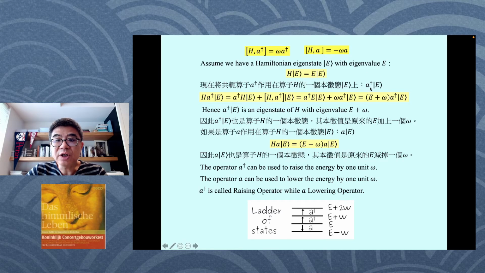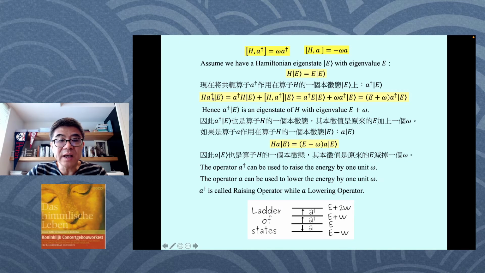And then I check if it is an eigenstate of the Hamiltonian. To do that, I just act H on A dagger E. I would like to push this A dagger past H so that H will act on E directly, because E is the eigenstate of H.